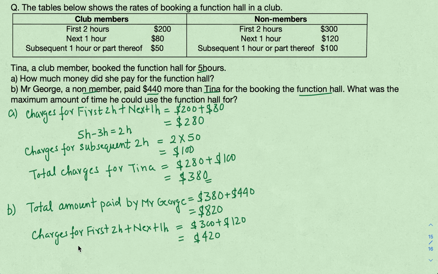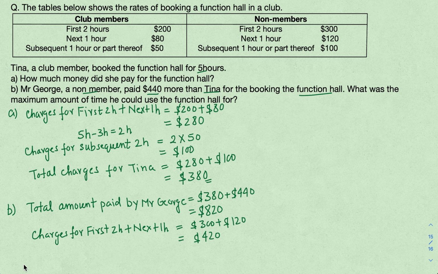So let's find out the amount of money paid by Mr. George for additional hours, because after 3 hours the charges are $100 per hour. We know that the first 3 hours cost 420 and the total amount he paid is 820. If we subtract 420 from 820, we get the additional amount he has paid for subsequent hours.